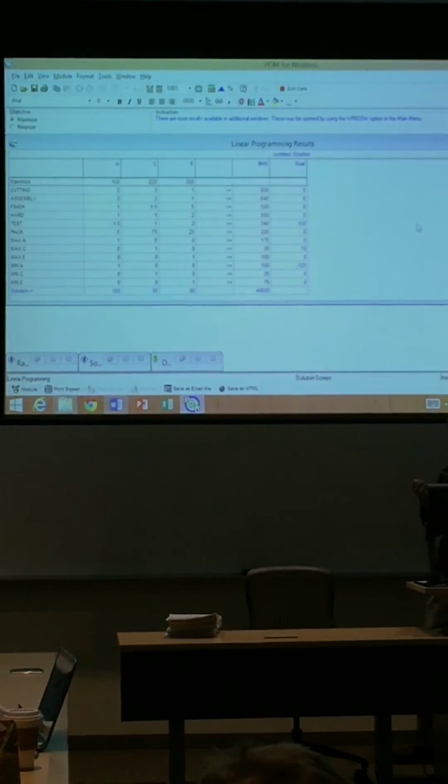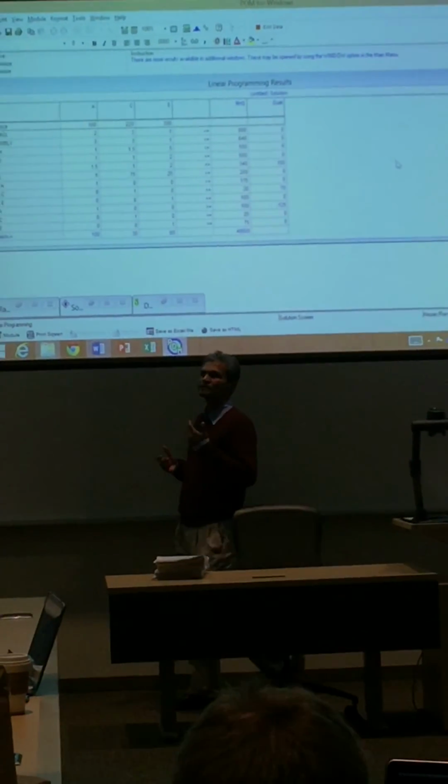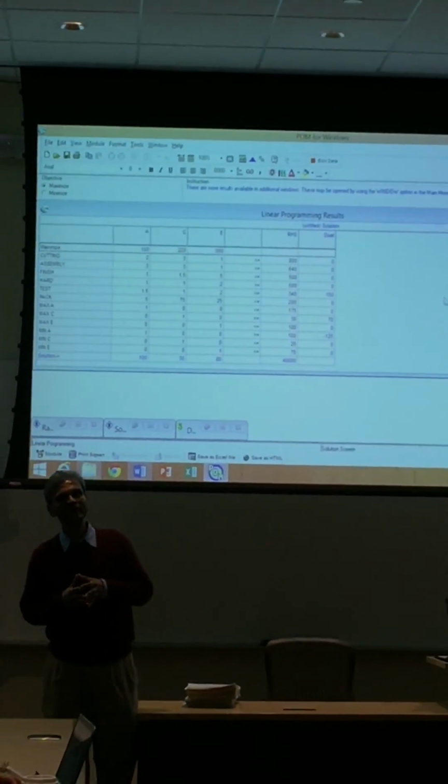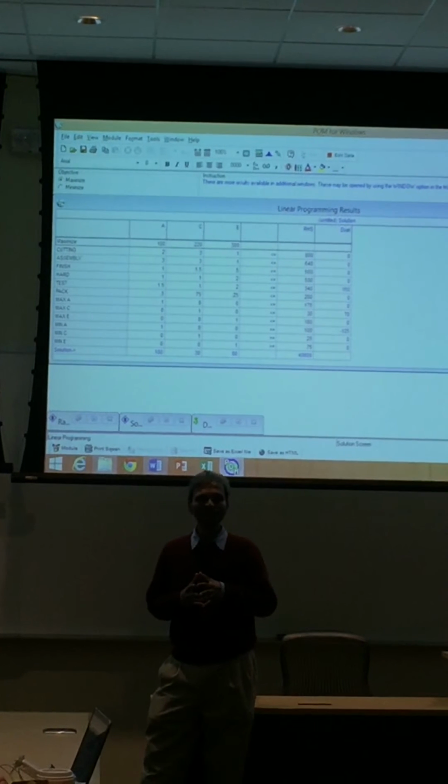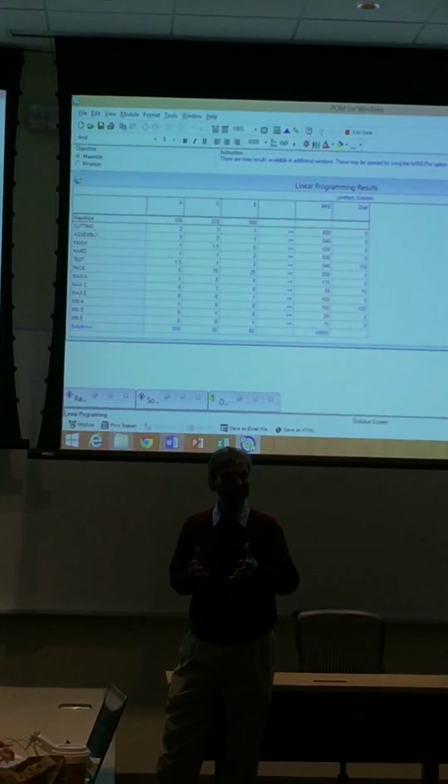Linear programming, as an analytical method, is probably the most integrative framework within which a manager can operate.